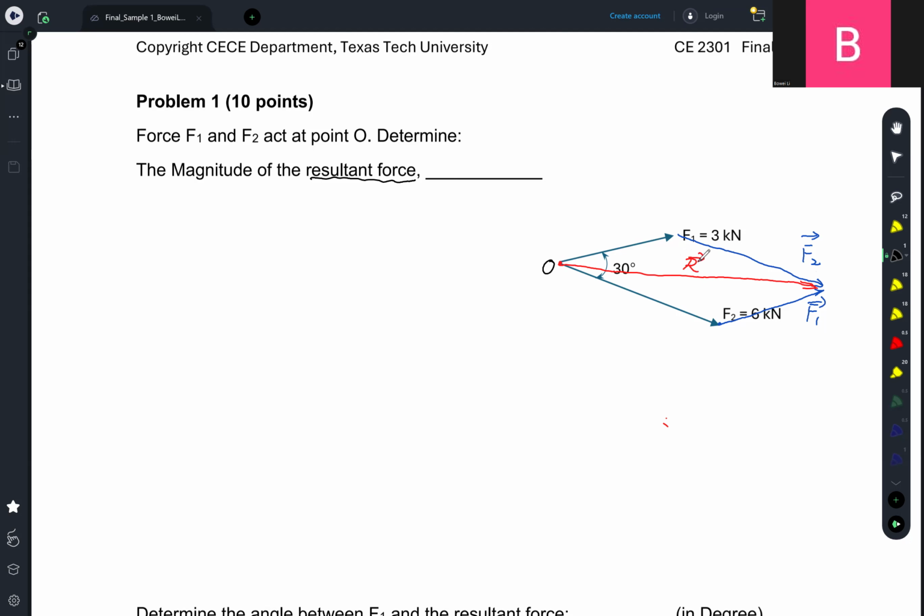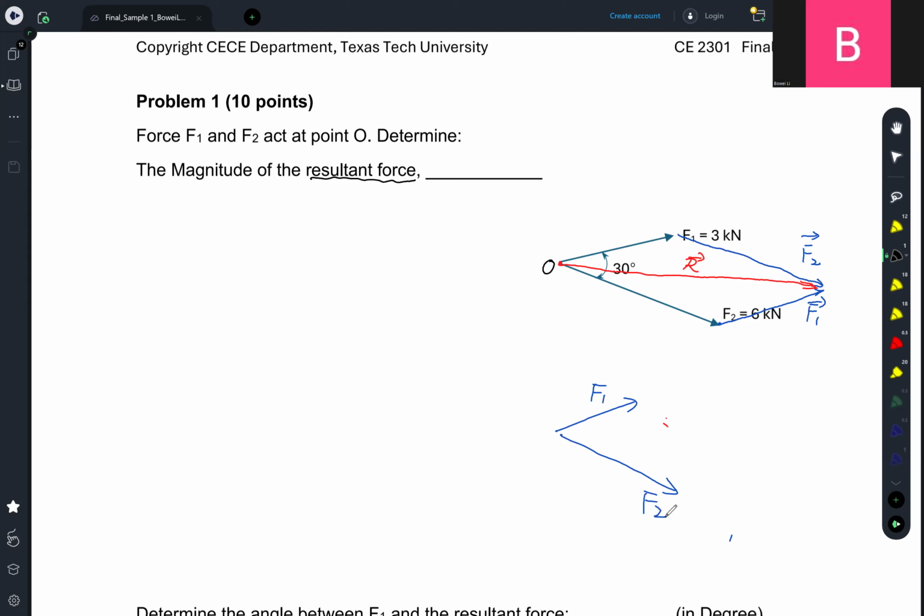Well, if you are going to use the triangle rule, it will be completely the same. I'm going to draw it again. You first have F1 here, and F2 here. By the triangle rule, you take the vectors head to tail.